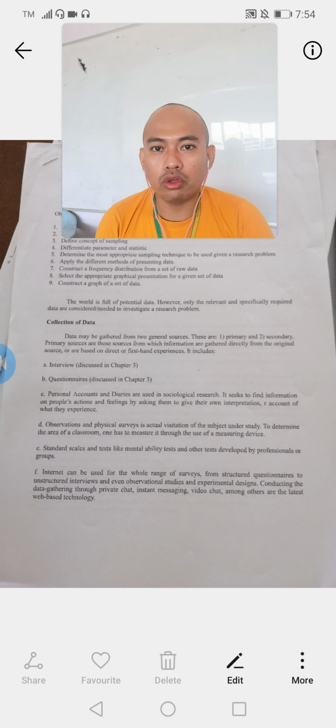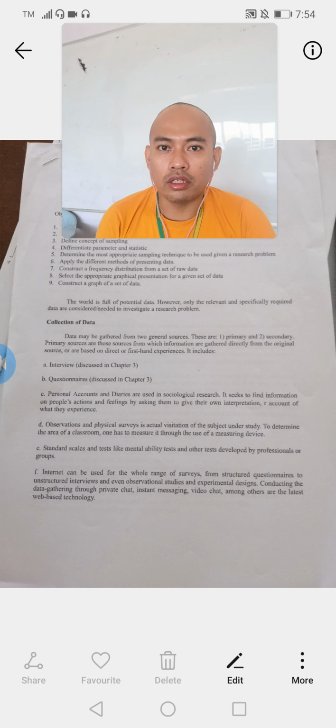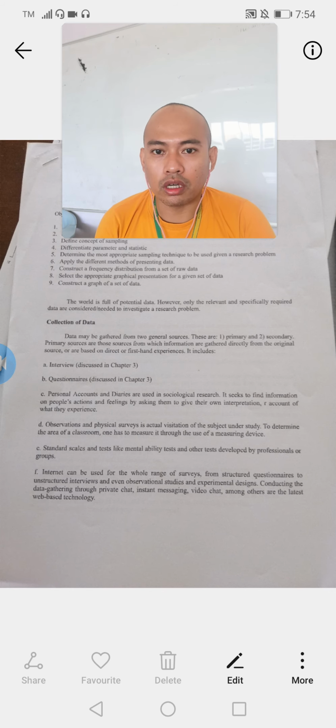We can also use the questionnaire method, which is a printed material, and our respondents will answer this printed material. Now, we can also use personal accounts or diaries, since diaries include different experiences of that particular respondent in our research study.